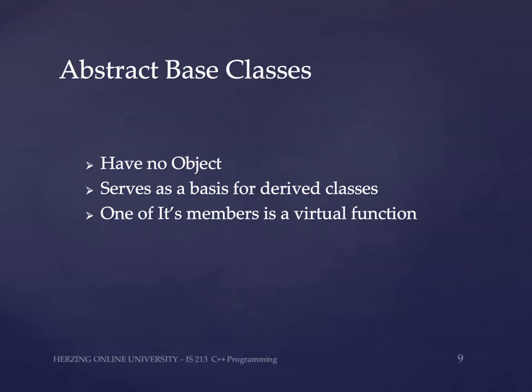When you ask yourself when a class becomes an abstract class, it is basically when one or more of its member functions is a pure virtual function.